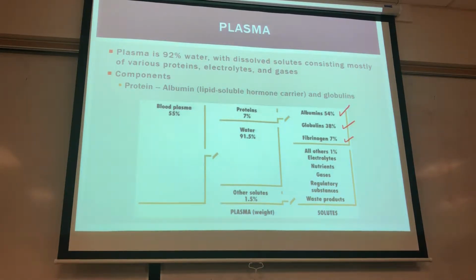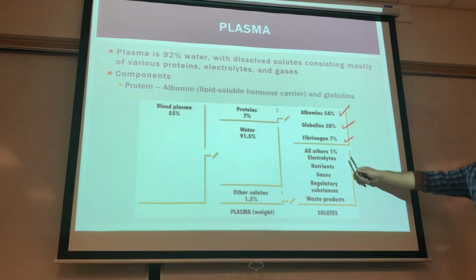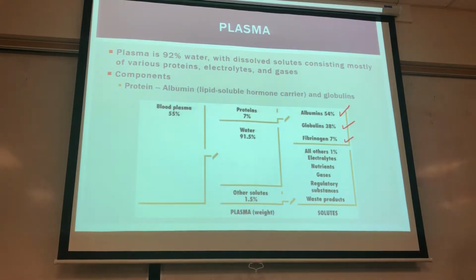If you were to take a look at the other solutes inside, you'll see electrolytes. Electrolytes would be things such as our charged sodium ions, chloride ions, calcium is a big one, potassium. And naturally, if you were to take a look at things like Gatorade, and they talk about electrolytes, that's exactly what's in them.